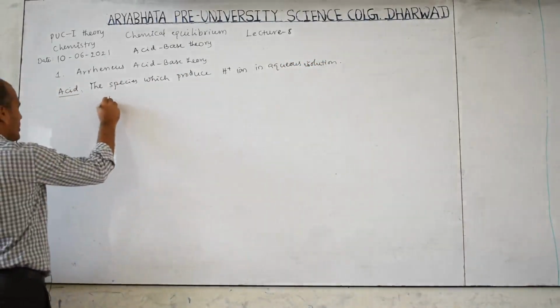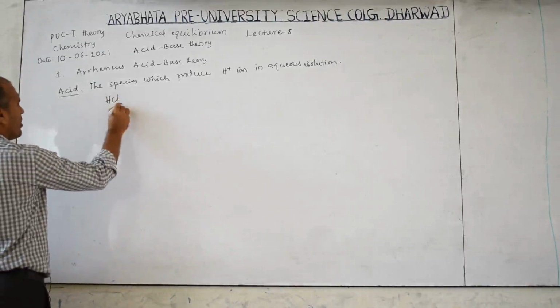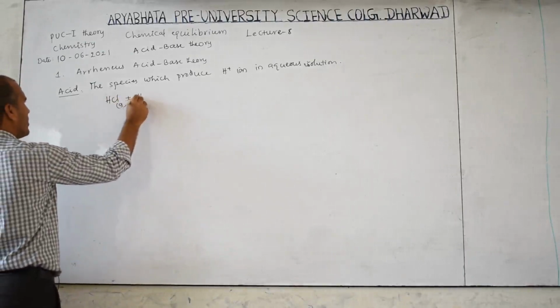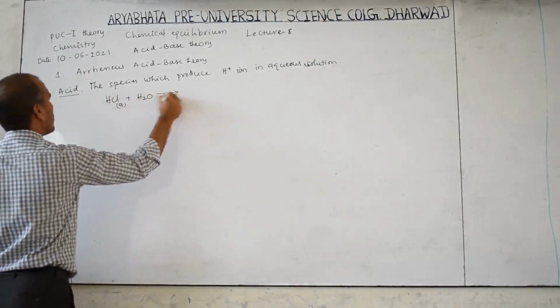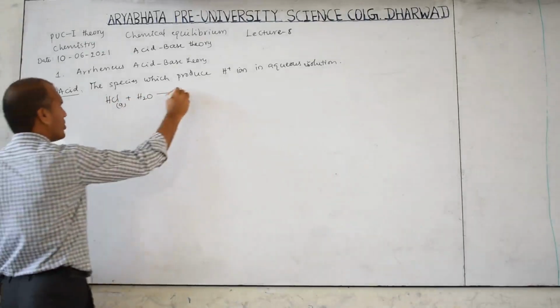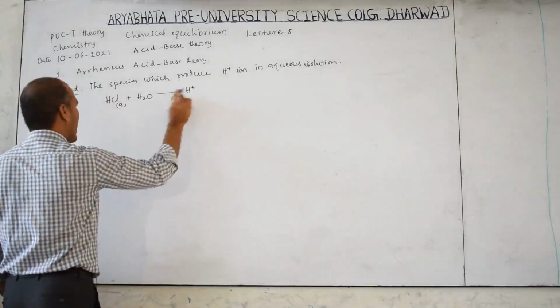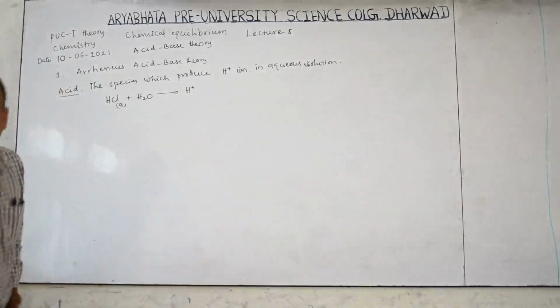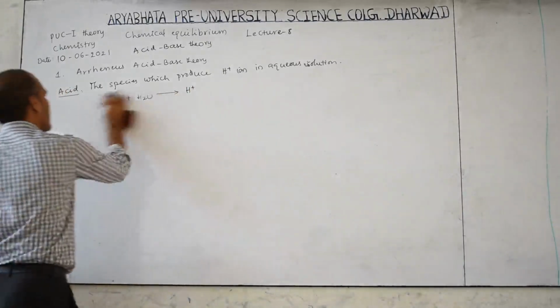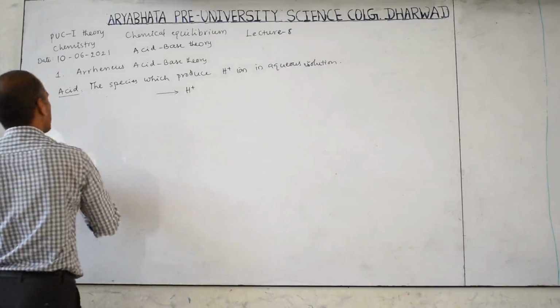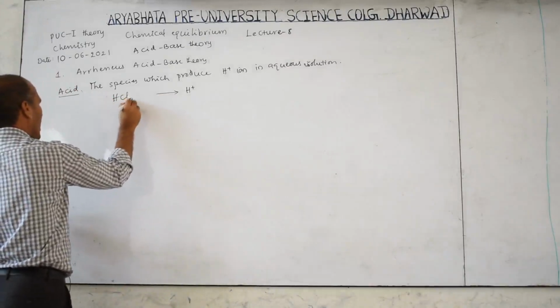For example, this is HCl gas, this is water, then it is converted into H plus aqueous. Totally I want to write this is HCl aqueous only.